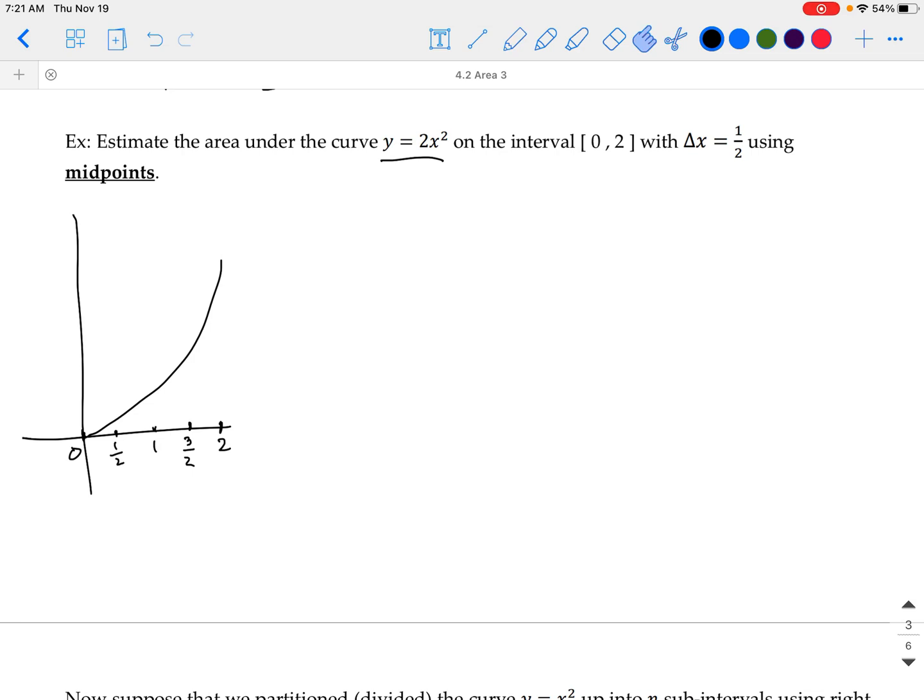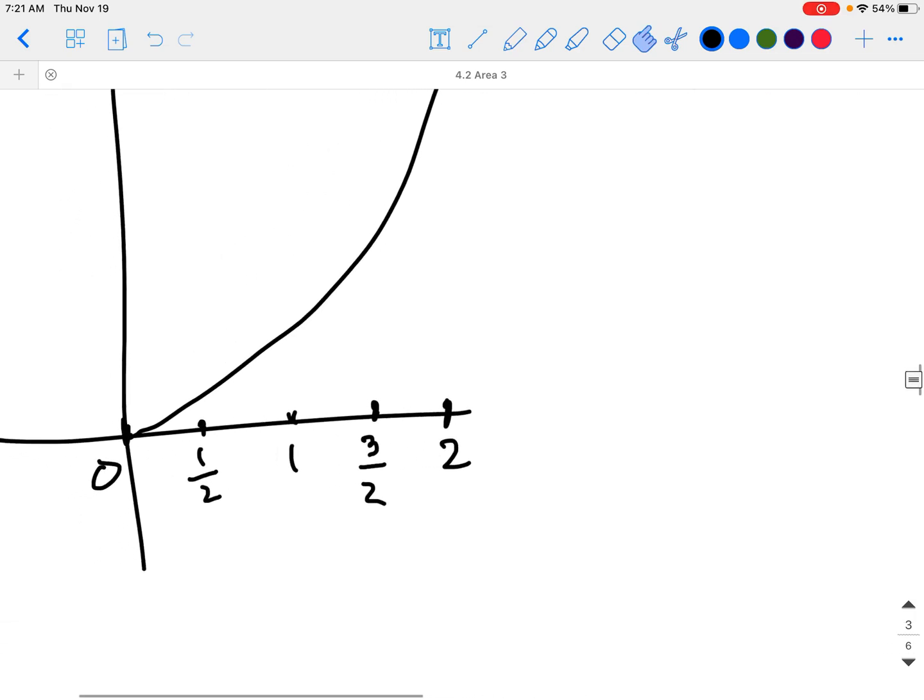And then for the height of each rectangle, the height is going to be at the midpoint of each subinterval. So again, you're just going to approximate the midpoint, find it there. And then we're going to construct rectangles that are that height.